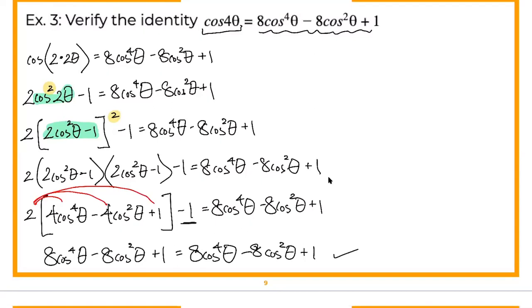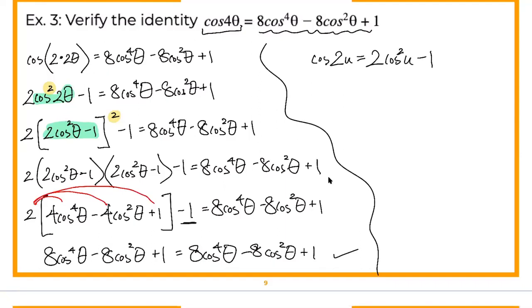I do. Okay, what's up? I don't get how you at first did 2 cosine squared 2 theta minus 1 at the top underneath cosine 2 times 2 theta. Okay. So you know the identity says cosine of 2u equals 2 cosine squared u minus 1, right? Yeah.